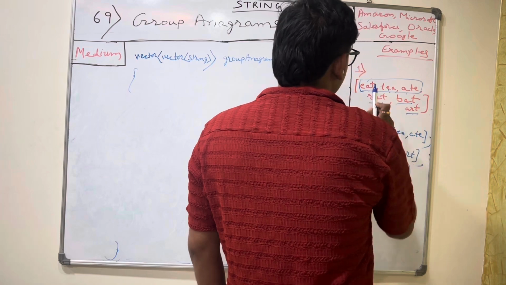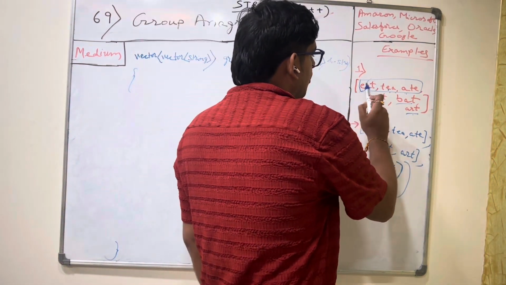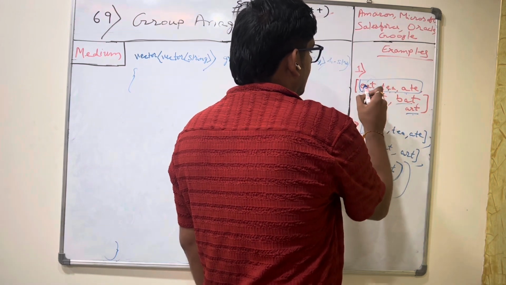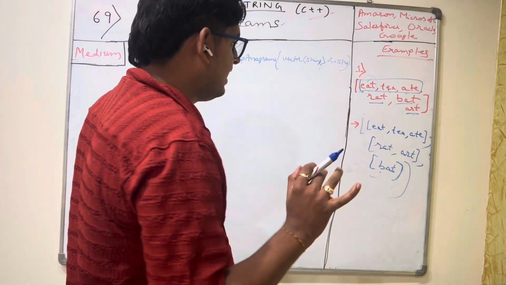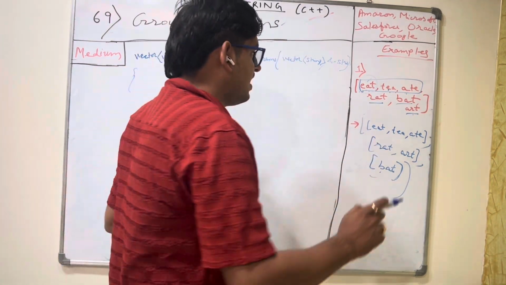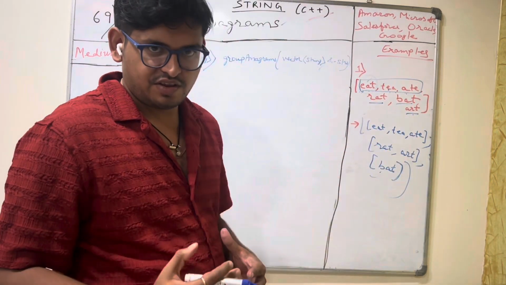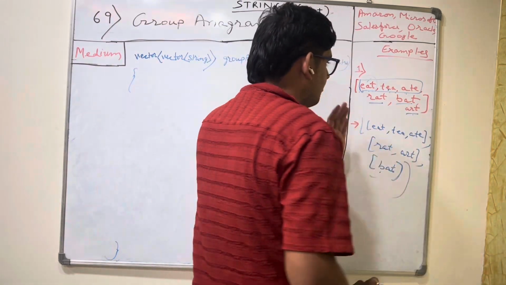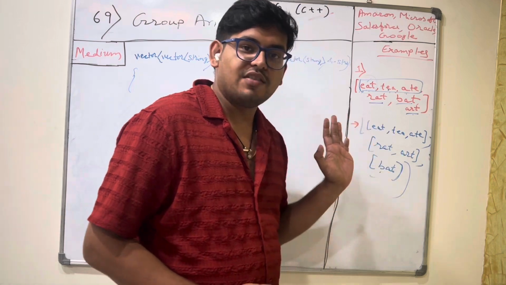So if we use the same way, then we have to have a map for each of them, and we have to see what the counts are, right? The frequency of E, A and T, we need to store that. And then when we come to the next one, we need to check whether the frequency is the same or not. For everything, first we have to store the frequency and then we need to keep on checking. So in that way, it would be order of n square, right?